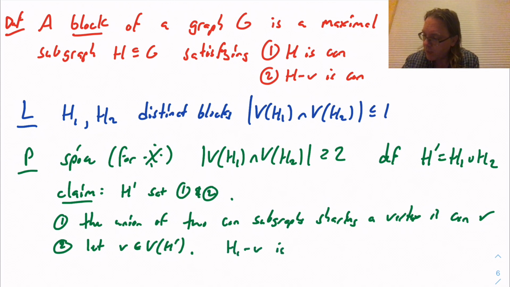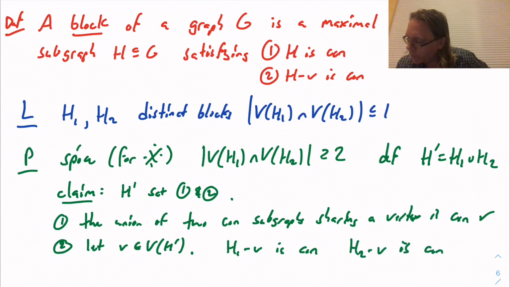So H1 minus V is connected. Here, there's a chance that the vertex V is not in H1. If the vertex V is not in H1, I'll just declare H1 minus V to just be H1, right? So if I give you a graph and you try to delete a vertex from it that's not in that graph, you just get the same graph back again, as you would assume. So H1 delete V is connected. Similarly, H2 minus V is connected.